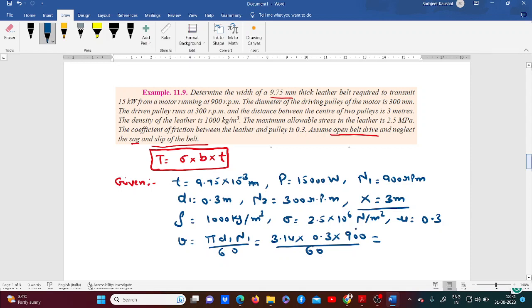So after calculating these values, the value of velocity comes out as 14.14 meter per second.